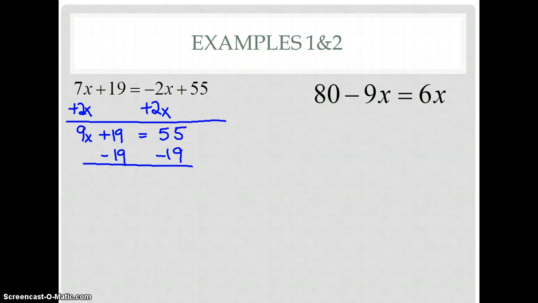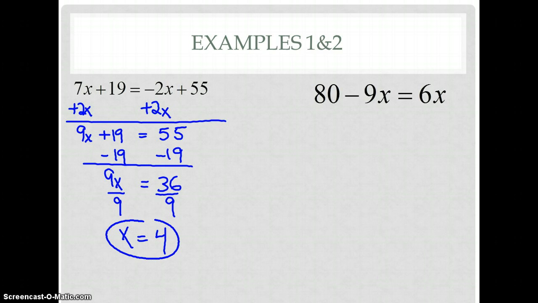This looks like this is going to be 36. I get 9x is equal to 36. And as is most often the case, our last step here, 9 times x, the inverse of that is division. We'll divide both sides by 9. I get x is equal to 4.